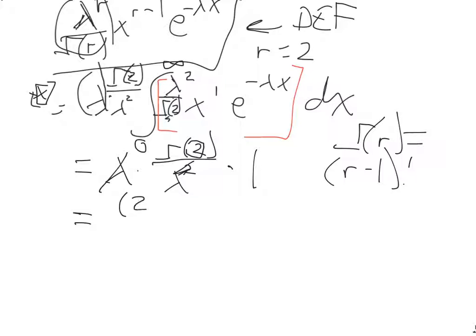So I have 2 in there, so I have 2 minus 1 factorial. I still have that over lambda. I'm multiplying by 1. But 1 factorial, of course, is just 1. And I have 1 over lambda, which is as it should be.